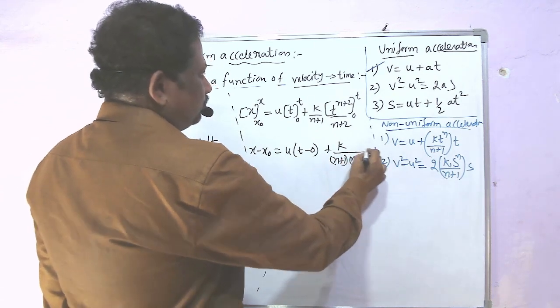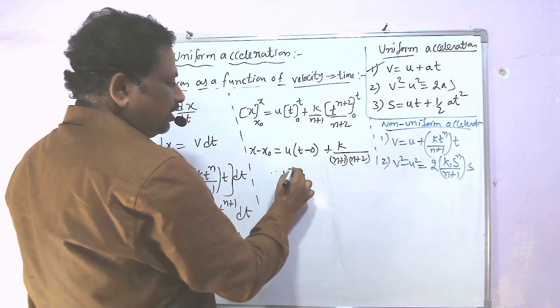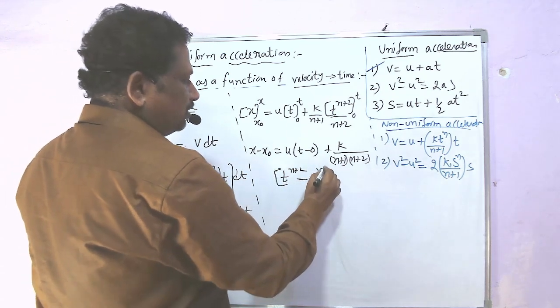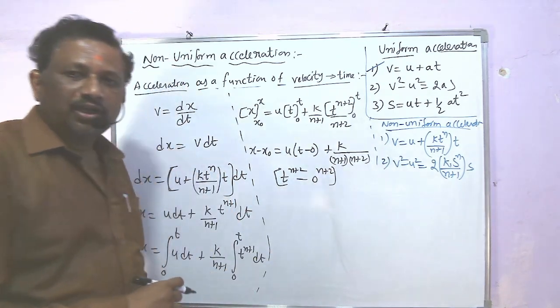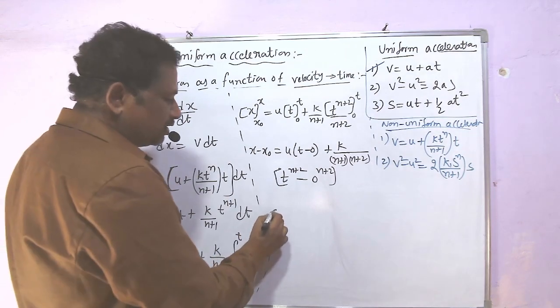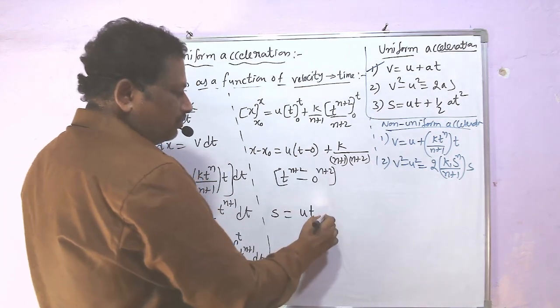So s is equal to ut plus k into t power n by n plus 1 into n plus 2, into t square. This is in the form of s is equal to ut plus half a t square.